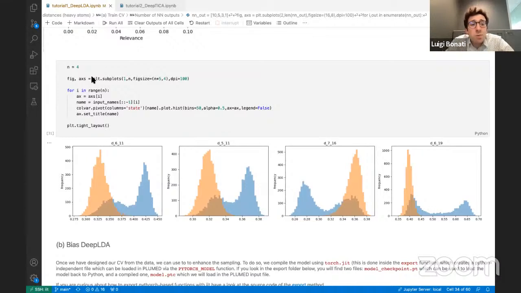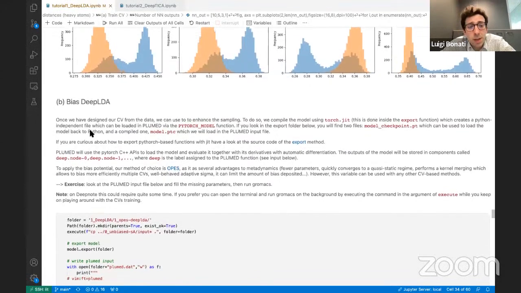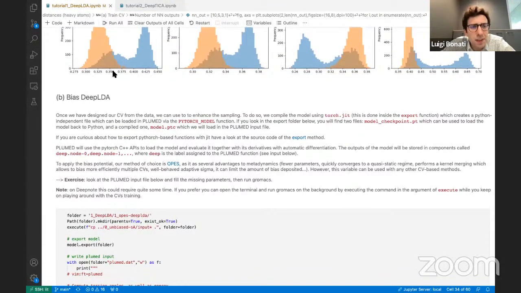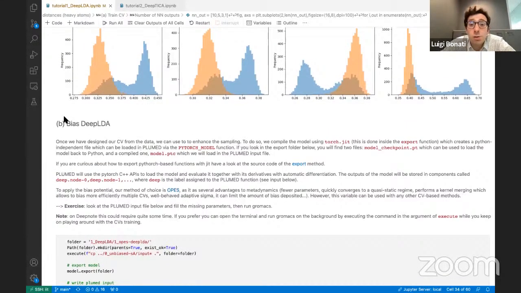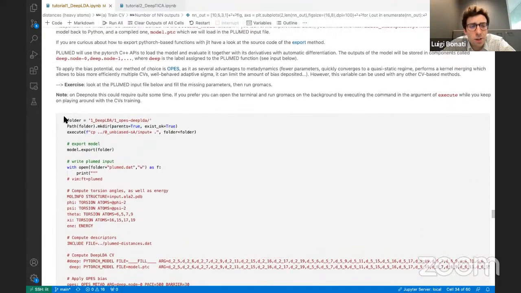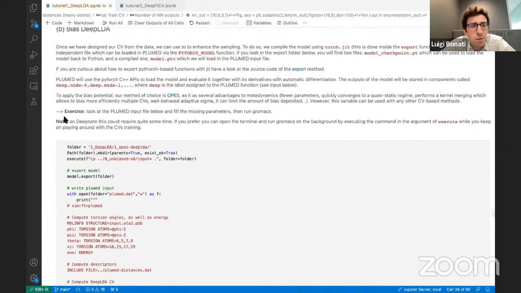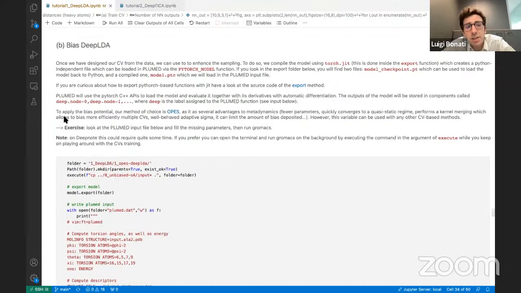Of course, this is one of the many methods, and another which we can do below, after having computed the bias along the DeepLDA-CV, is also to look at the correlation between this DeepLDA-CV and the descriptors, as well as between DeepLDA and some other physical variables.